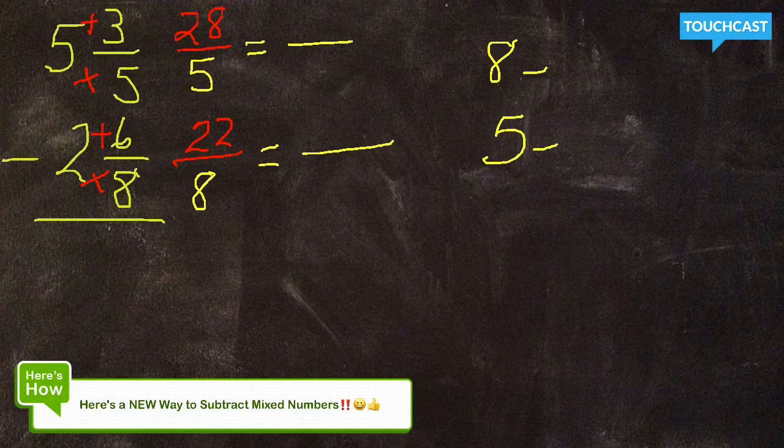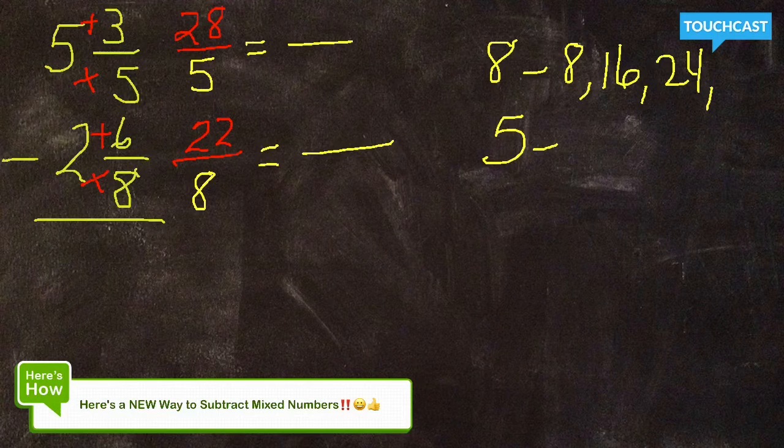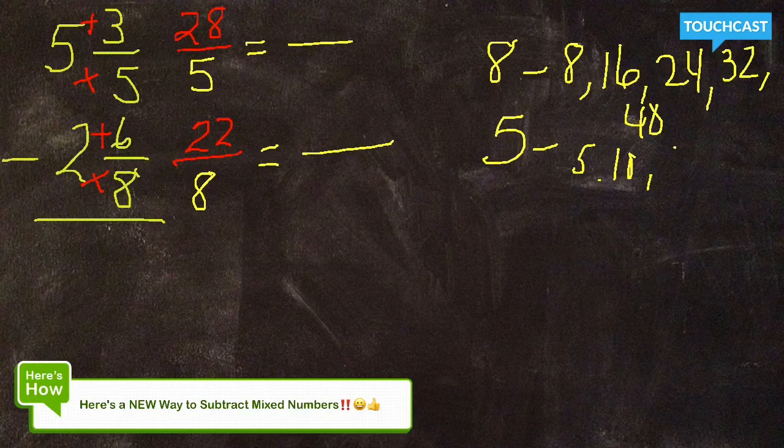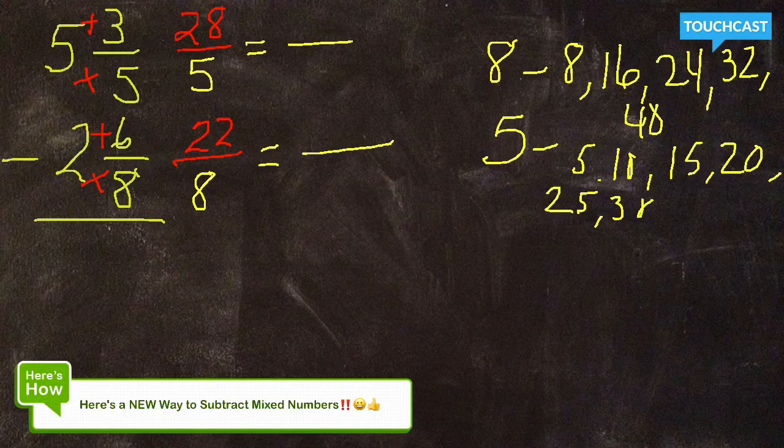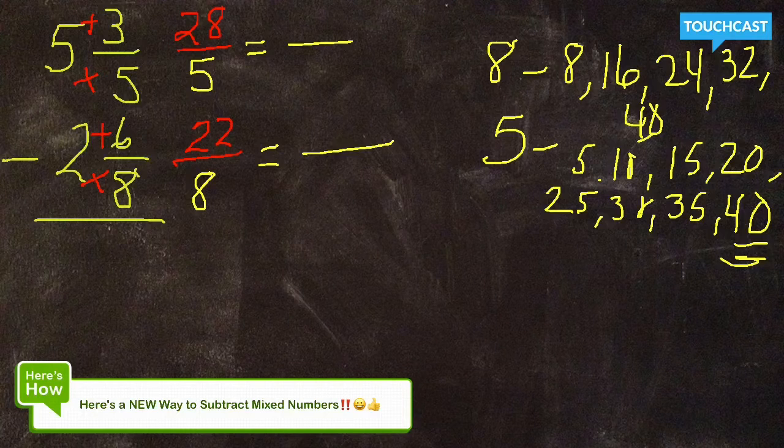You may already know what it is, but let's list them out. 8 times 1, 8 times 2, 8 times 3, 8 times 4, and then 8 times 5. Okay, and now we'll do the ones for 5. 5, 10, 15, 20, 25, 30, 35, and 40. So we're going to go with 40 as our new denominator.